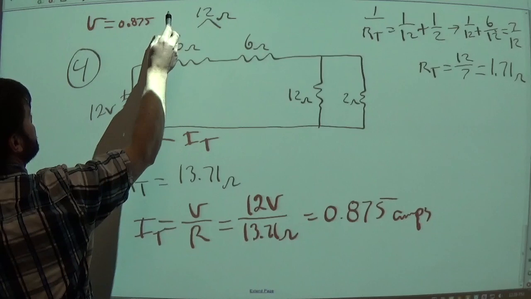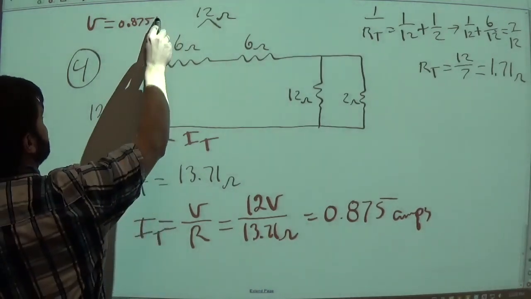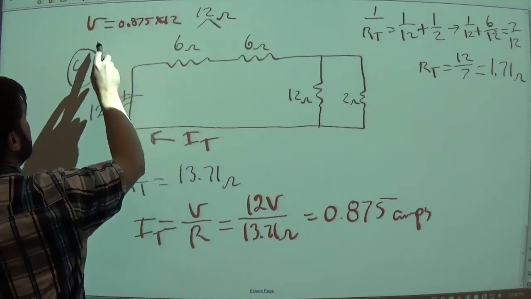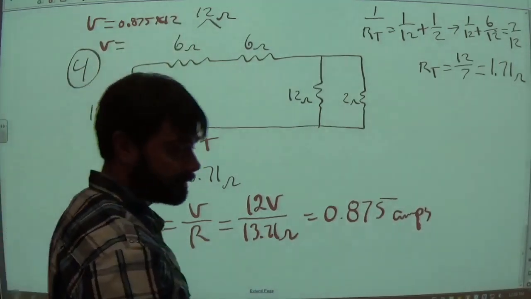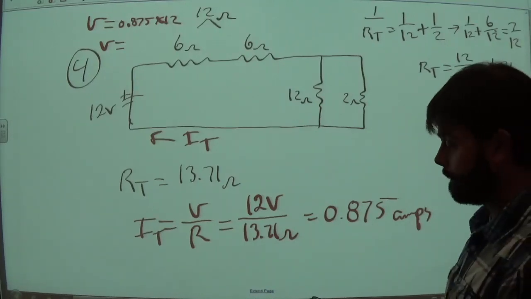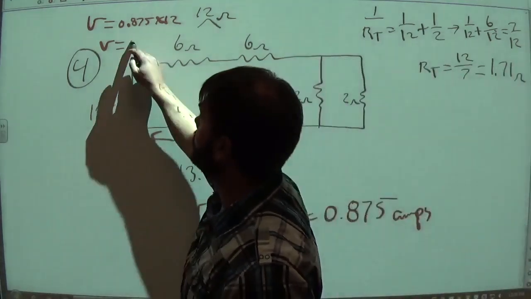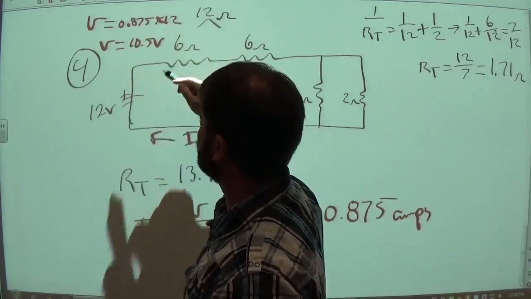I know I got the 0.875 amps and I have a total resistance in that situation equal to 12. If I multiply this out, multiply the 0.875 by 12, I get about 10.5 volts.